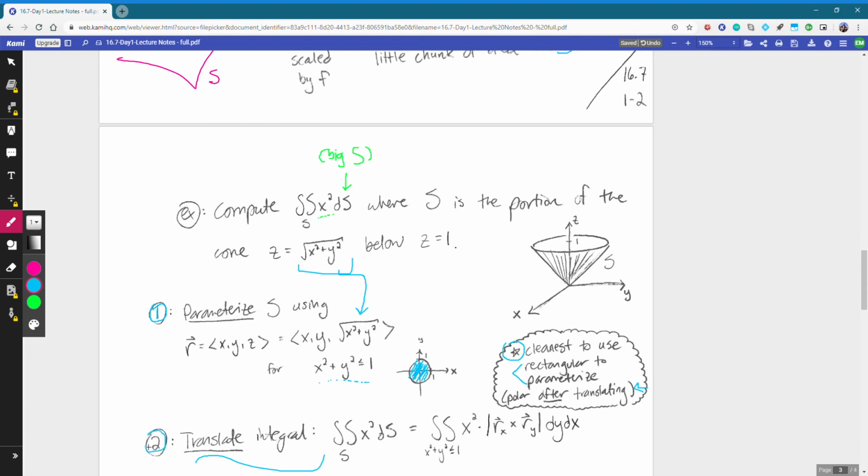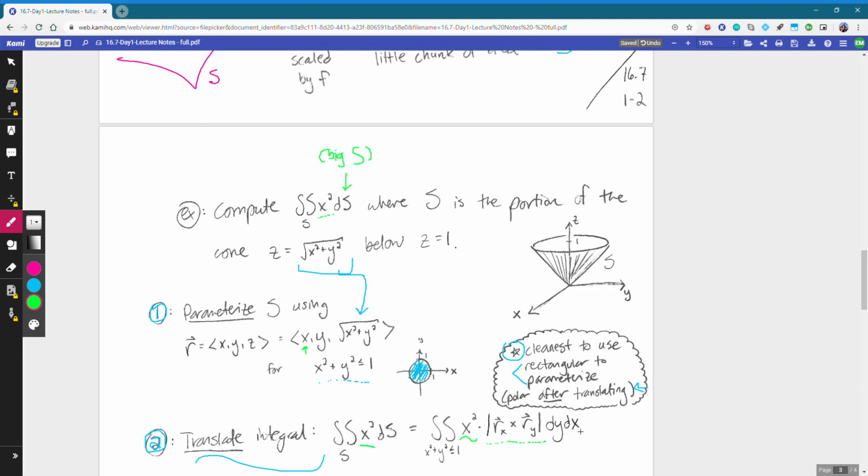So anyways, we have our parameterization. Next we want to use our translation formula, with the slick catchphrase, and this is what it becomes. Our function doesn't need to be changed at all since x is one of our parameters. x is just x, so x squared stays x squared, but then we get this size of the cross product term, that's helping represent some chunk of area.